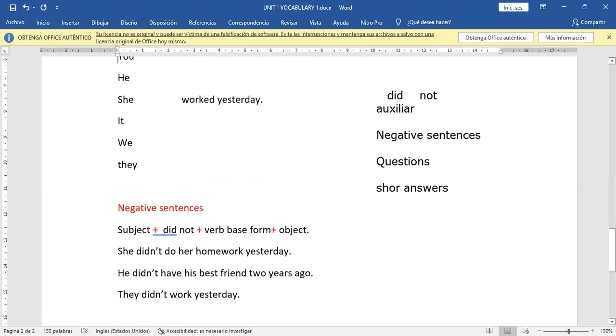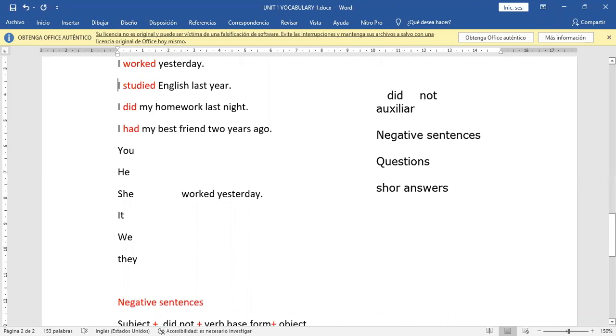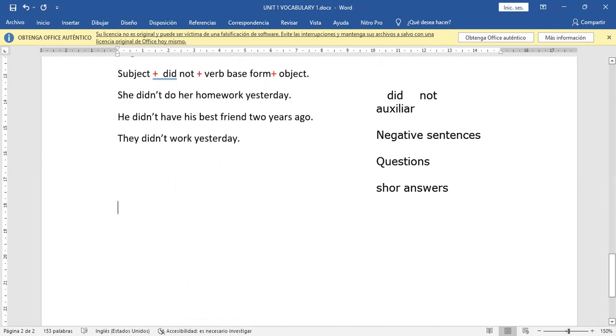Negative sentence. Okay. That is a negative sentence. Affirmative sentence, negative sentence. This negative sentence can work with I, you, we, it, he, she, and they, with the auxiliary did, contraction did not, didn't.